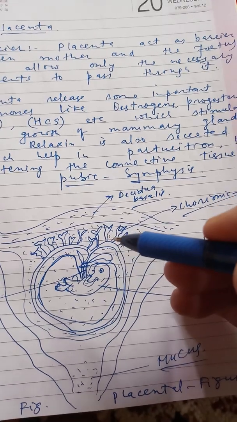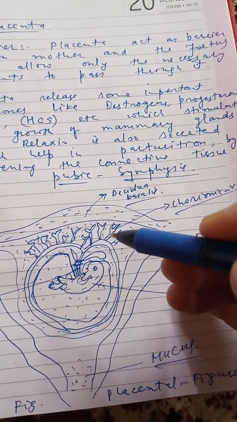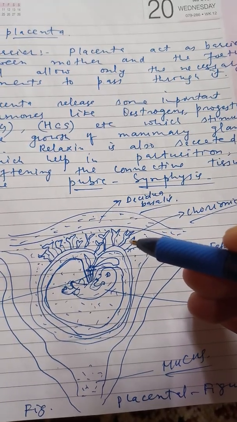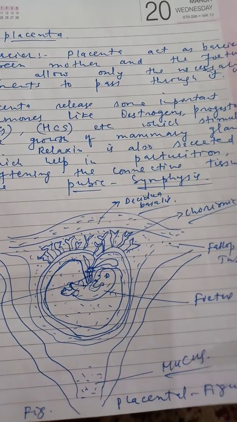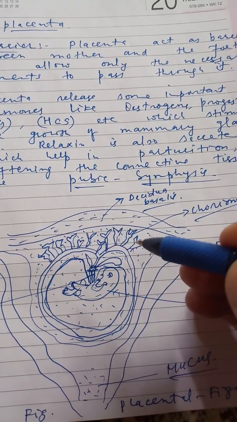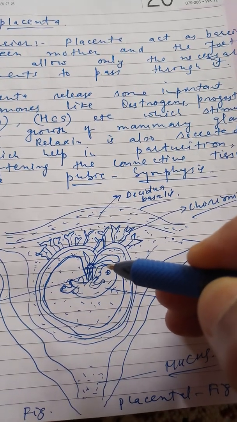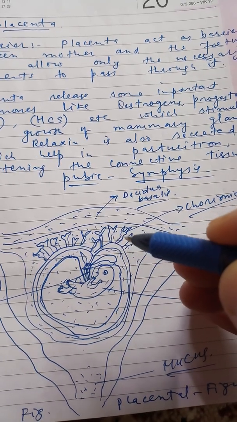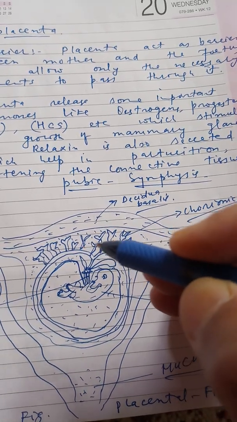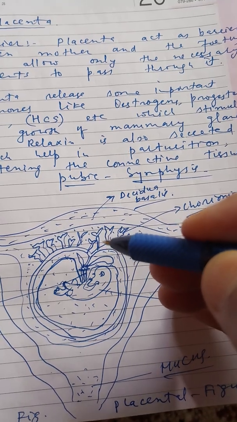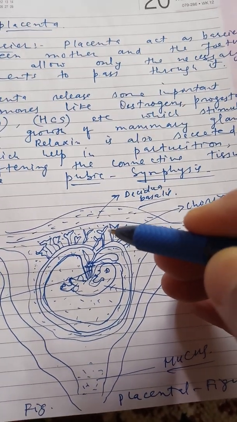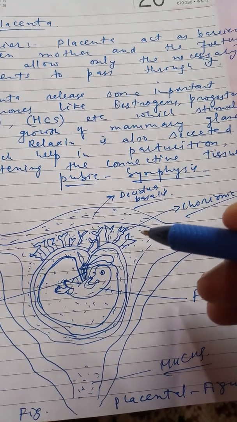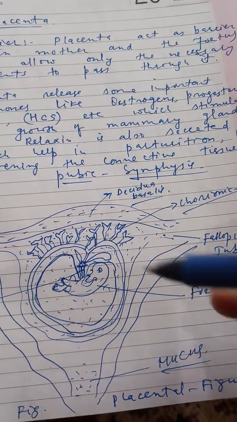When these chorionic villi grow, they penetrate deep into the uterine wall of the mother, thus forming an organ which is known as placenta. So placenta is basically formed from chorion, and chorion later develops finger-like projections known as chorionic villi, and they penetrate deep into the uterine wall of the mother, thus forming an organ known as placenta.